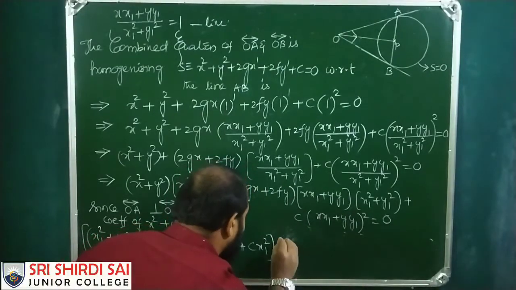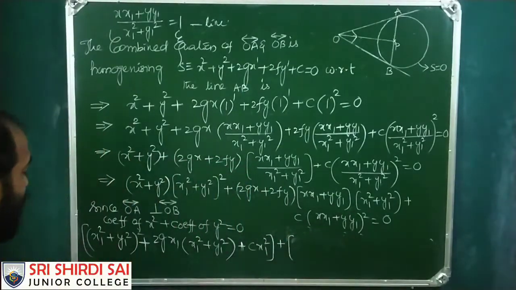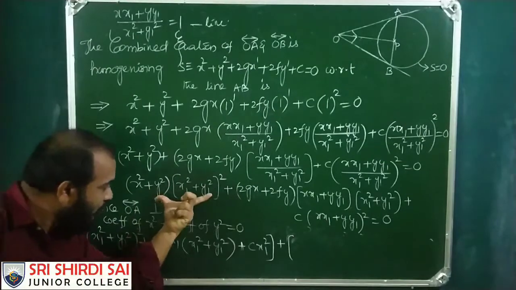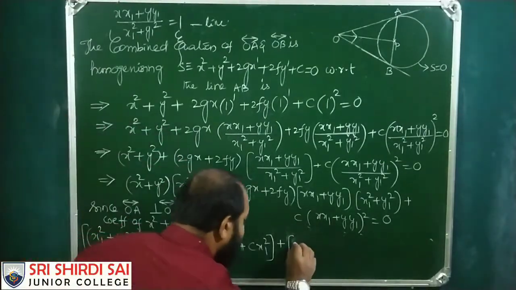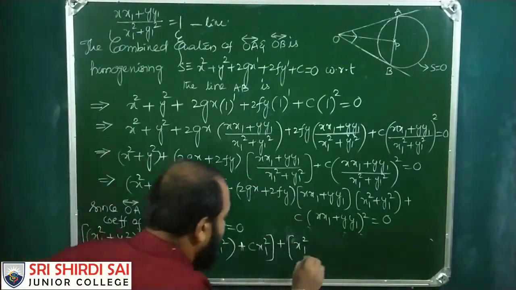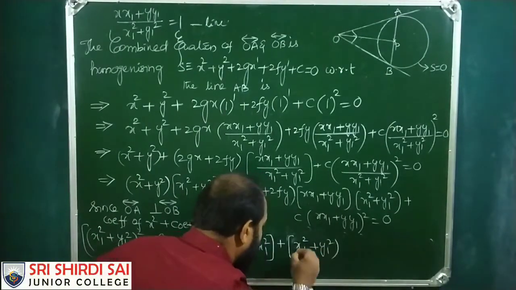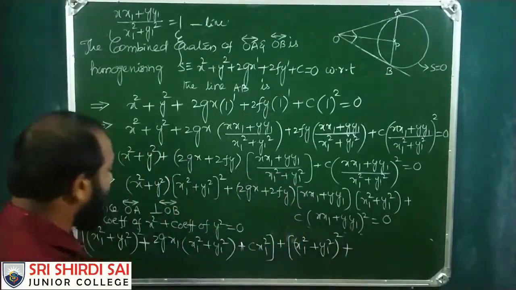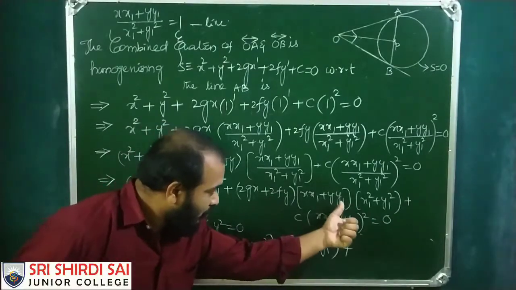Similarly, what is the coefficient of y square? Simply from this we can do y square into this. So the y square coefficient is x1 square plus y1 square whole square, plus here 2fy into y1.